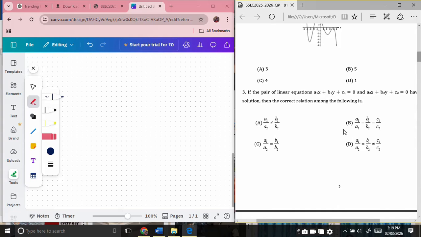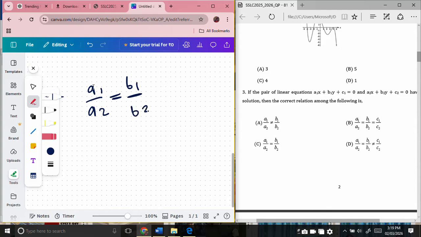Remember one thing: in option A itself you check a1 by a2 does not equal b1 by b2. Whenever you are checking the correct relation, if you find it in the initial state itself, this is the golden rule.